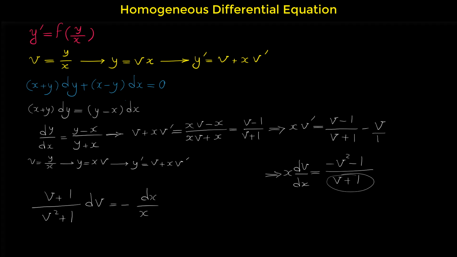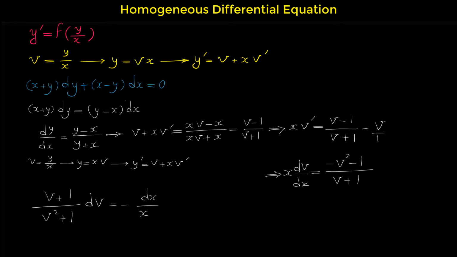Note that we bring this up when we move it to the right, so v plus 1 goes here. And if we keep the negative on the right side, if we factor a negative in the numerator, we have v squared plus 1. So we only move this to the denominator of the left side. So we have v squared plus 1 here. And then we move this dx up and we bring x down. This is what happened, and we will get to this expression.